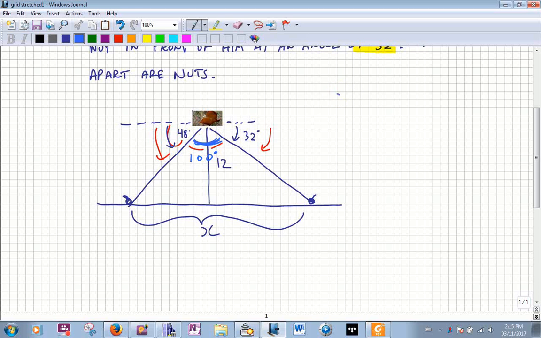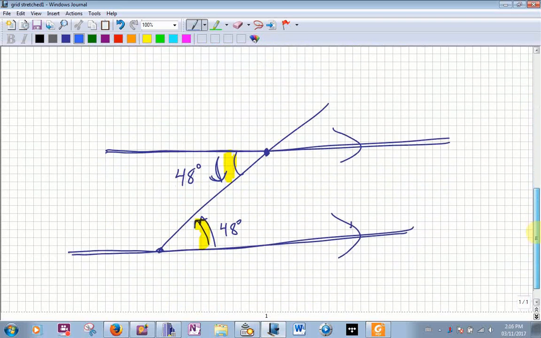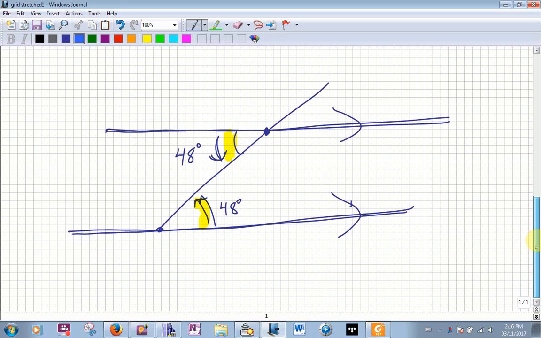And if I think sine law, I know sine of 100 over x is equal to what over what? Either this is the angle opposite that side, right? I could have that relationship, or this angle and that side. Now, what's this yellow angle? 32.